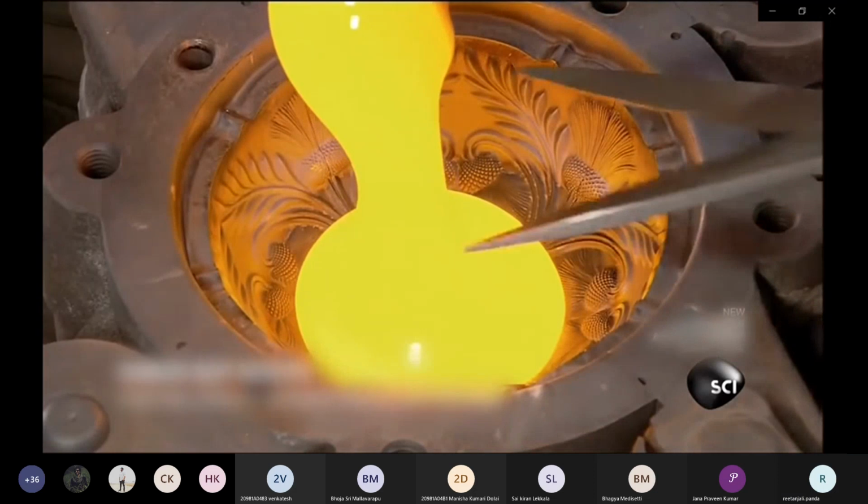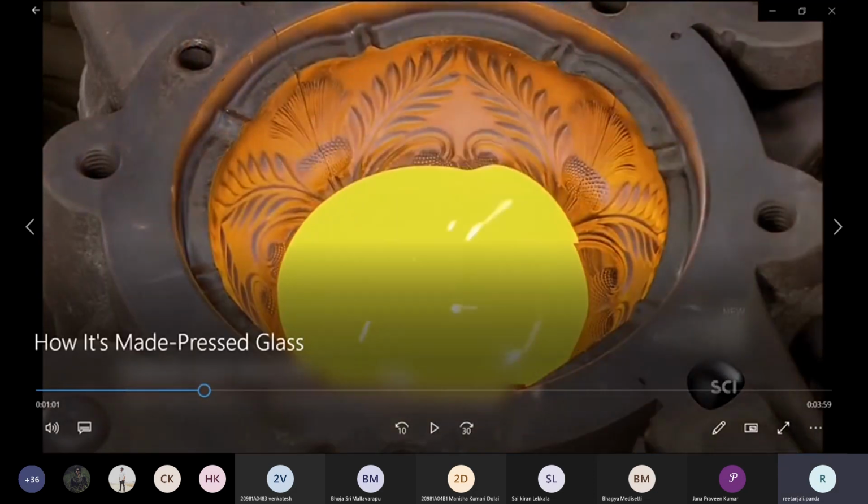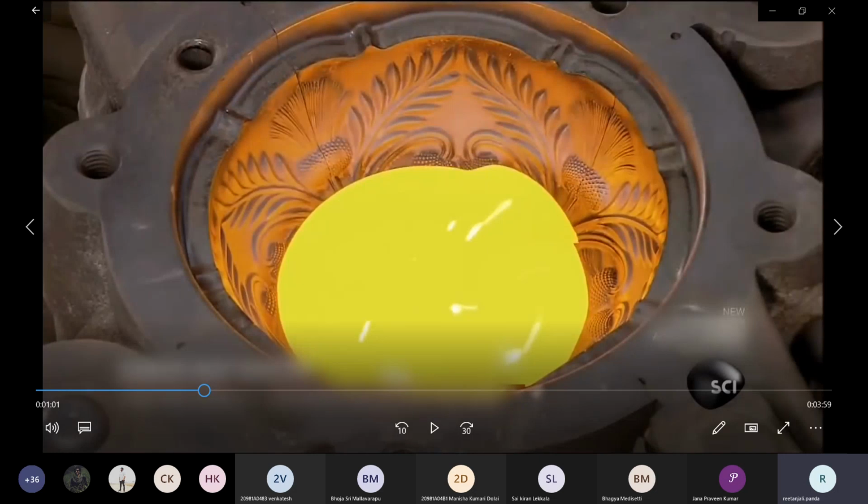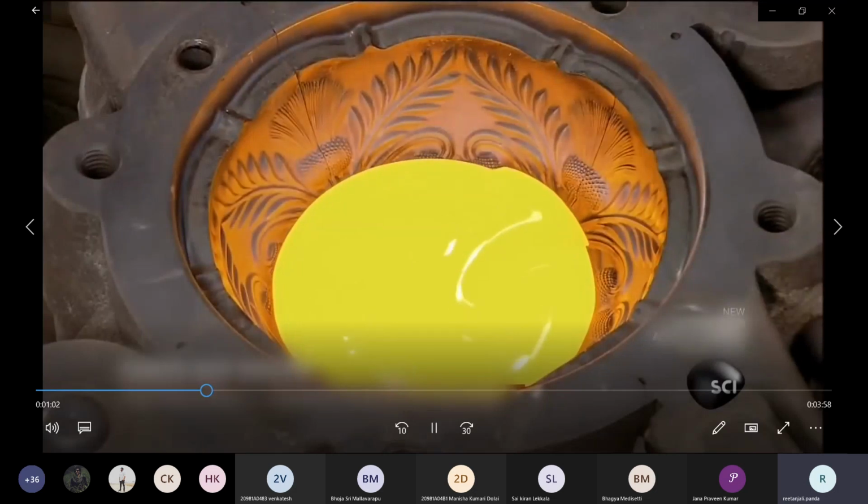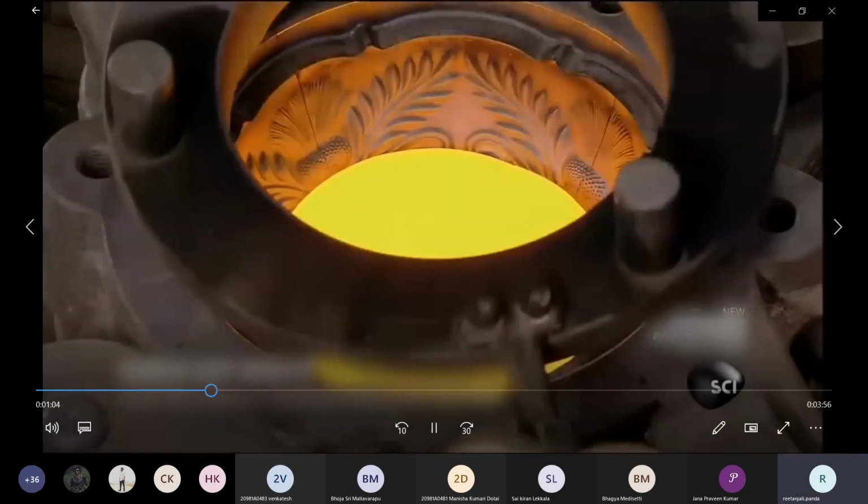Okay. Now, what they are doing, they brought all the glass material molten in the furnace to this die. Okay, this is an iron die or a metallic die they are using here, and they put it in here. After that, they will use a punch to press this one.